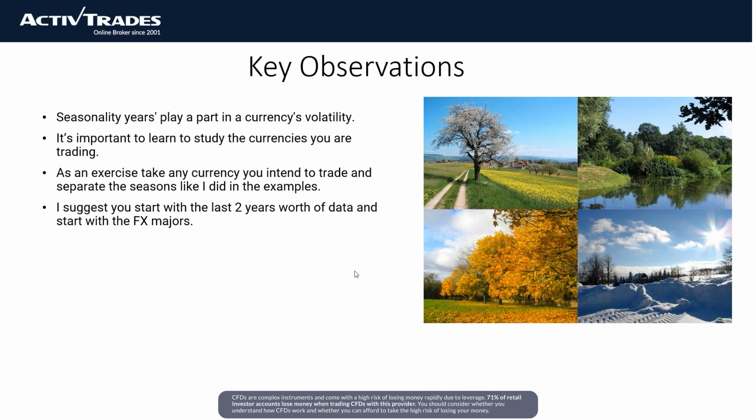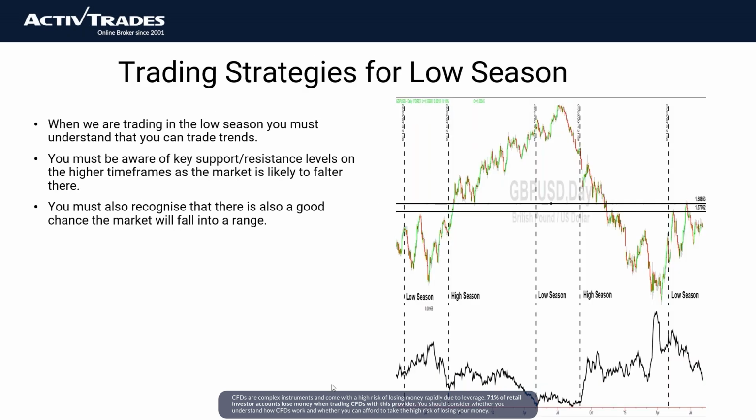Now, of course, admittedly, for FX pairs, that's easier to understand, based upon the two currencies making up that pair. What I can pass on in terms of ideas and tactics that you can take away is that when you're trading in a low season, you must understand that you can trade trends, but you really do want to be aware of key support and resistance levels on the higher timeframes, as the market is much more likely to falter at those levels during low seasons.